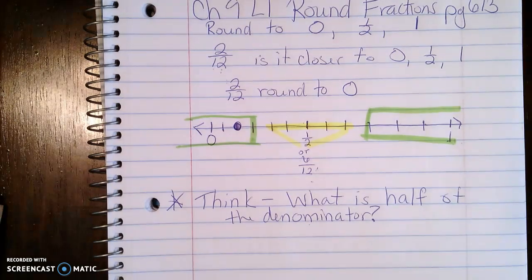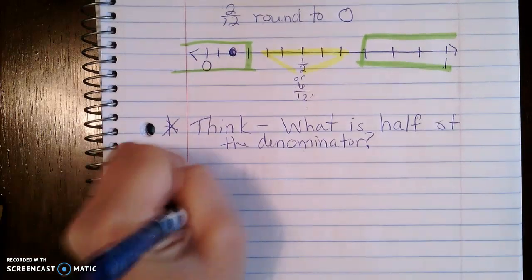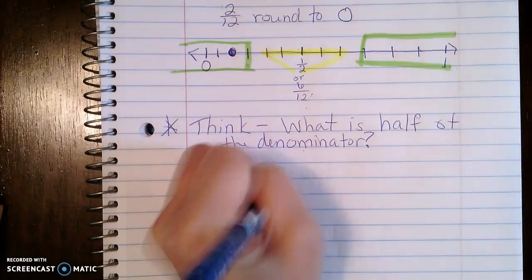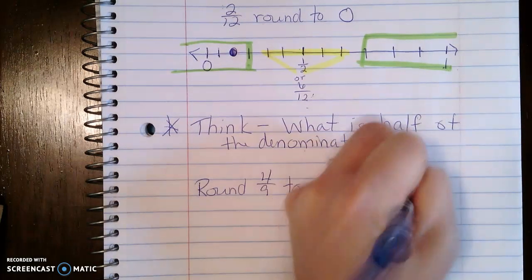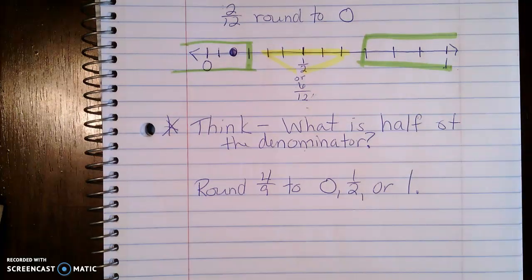Example 2 on page 614 wants us to round 4/9 to 0, 1/2, or 1 whole. So I have to think about, okay, what is half of 9?